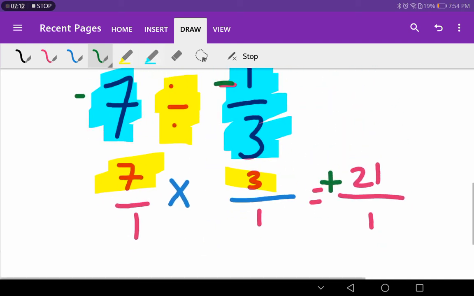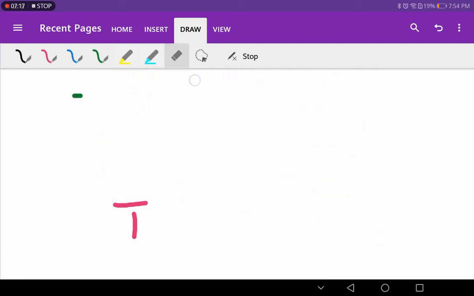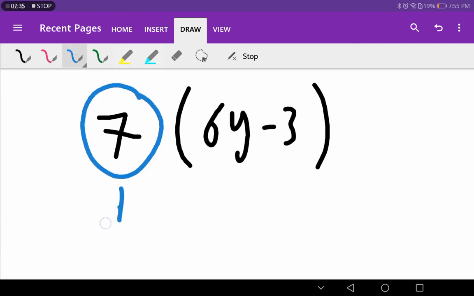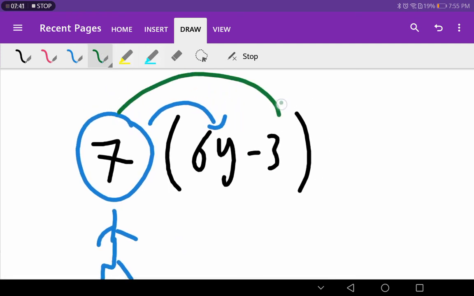Now let us move to the distributive property. Are you ready? Let's go. For example, if I have 7 multiply 6y negative 3. As you know, this is Ali, and Ali must visit his home and must visit his farm.